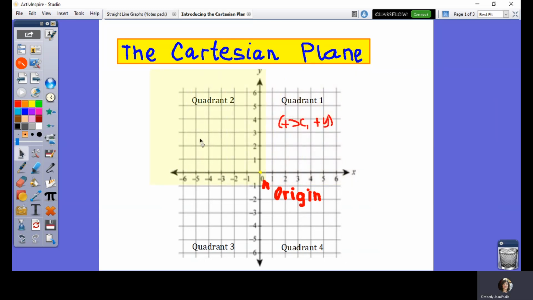Now if we move to quadrant 2, as I am highlighting here, the first point, read from the x-axis, is a negative point. You see here I have negative numbers, so here our x points are negative. Then I have to move up to the y-axis to read points which are found in this second quadrant.